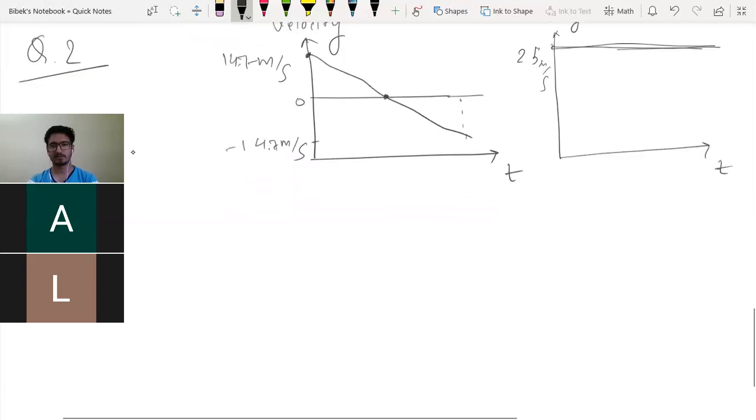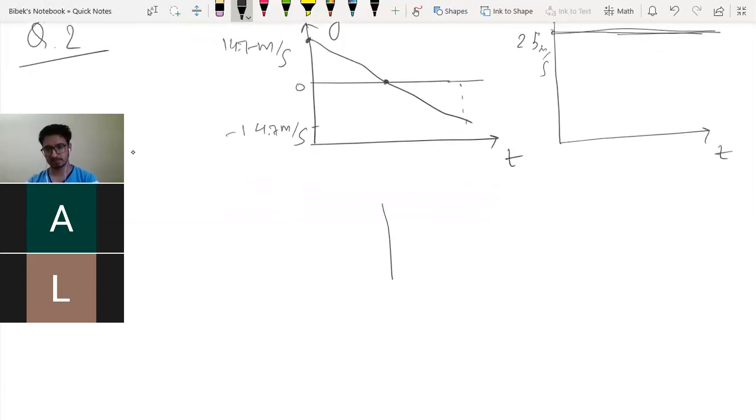If you look at a projectile, you throw something at an angle and it goes like this. This is theta. This is your v0, the initial velocity. If you resolve it, the x component is v0 cos theta, and the y component of the velocity is v0 sin theta, right?